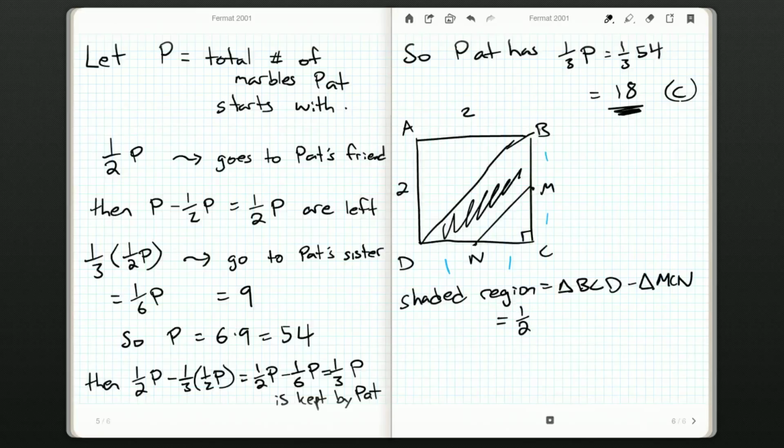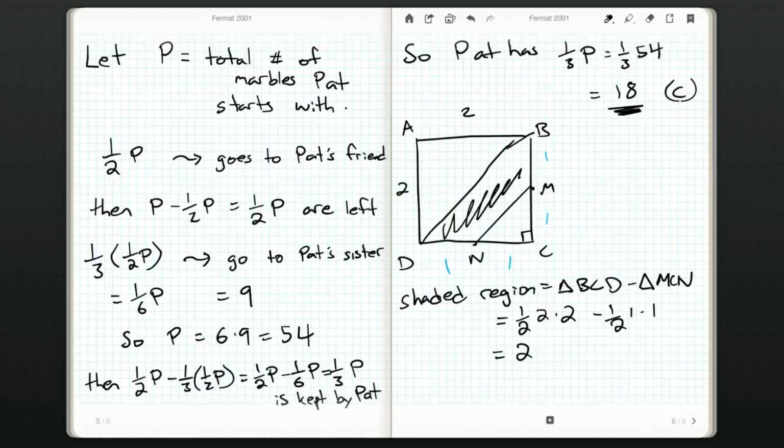So 1/2, well, what's the height of BCD? Well, it's BC, so that's 2, times the base, 2. And then same thing with MCN. The base is 1, it's NC, and the height is CM.